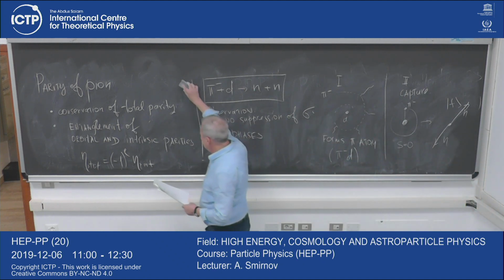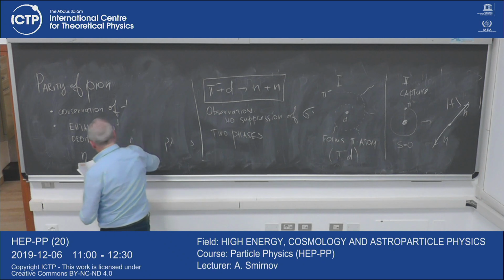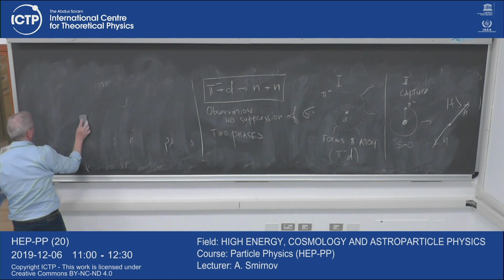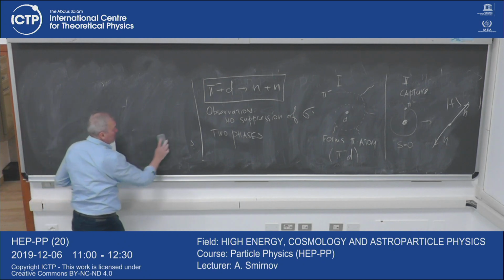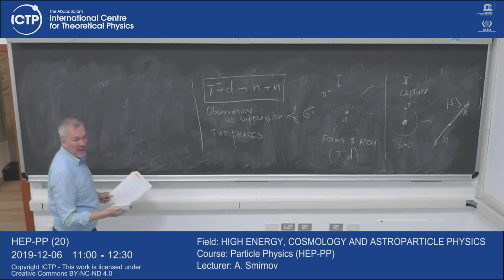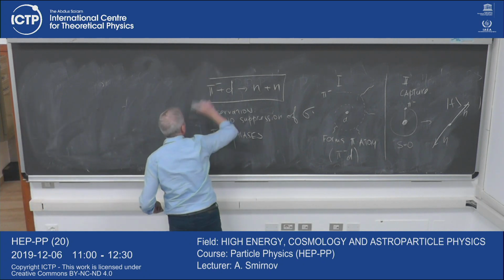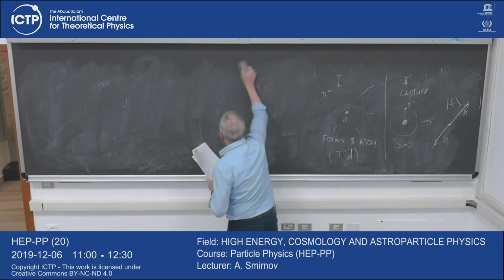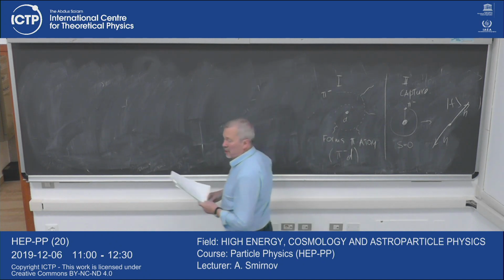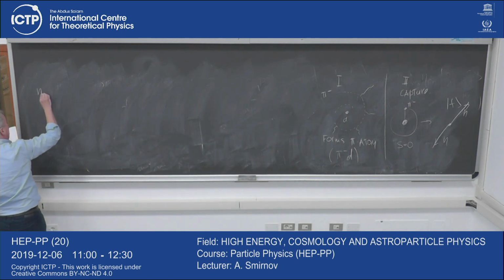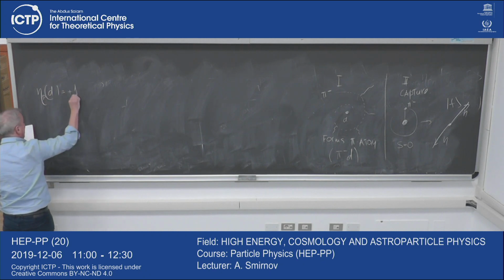For fermions, we are not introducing internal parity, because fermions always appear in pairs, right? And therefore it has no physical meaning. You can do this, but it has no physical meaning. Parity of the neutron and proton, because of spin, because of orbital motion, is +1.